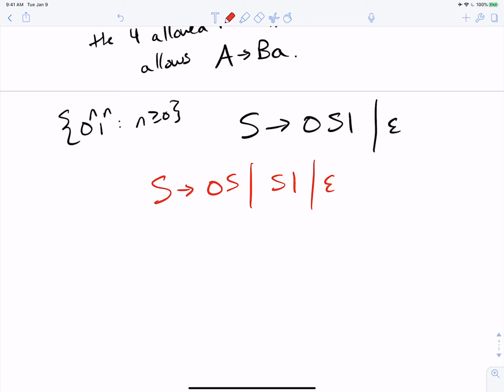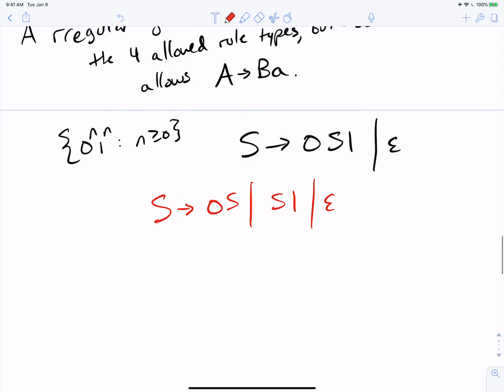It would generate a 0 on the front and then a 1 on the back. So that actually works. Actually, no, this won't work.